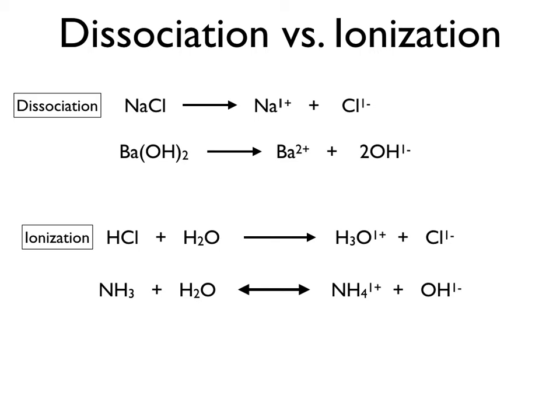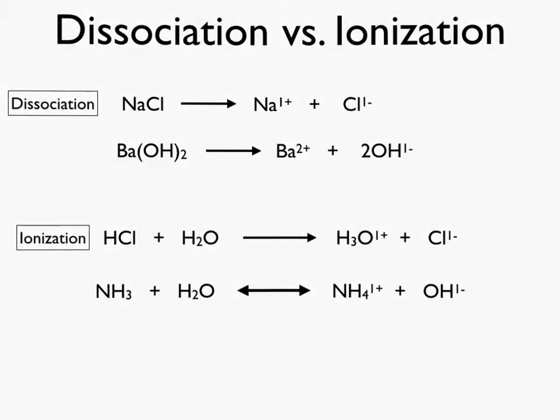You should have found that. The second example there is ammonia. Ammonia is a base, and when it is mixed into water, it also reacts with it. But again, you can see charges are being produced, and ammonia would also have been electrolytic. So you have to have either dissociation or ionization, and it depends on what type of compound that you're dealing with.